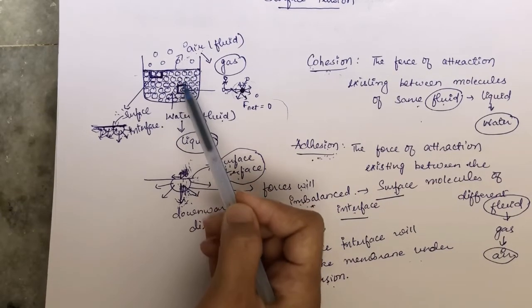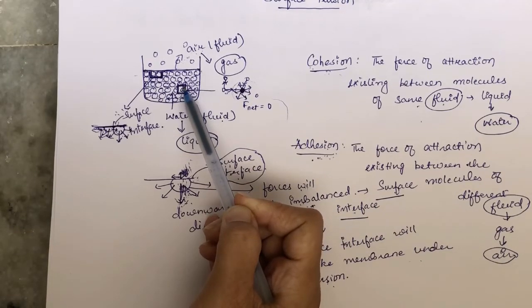The reason behind this is nothing but temperature. So temperature plays a very important role in the phenomenon of surface tension. Okay, clear? I think you must be clear with the definition of surface tension.